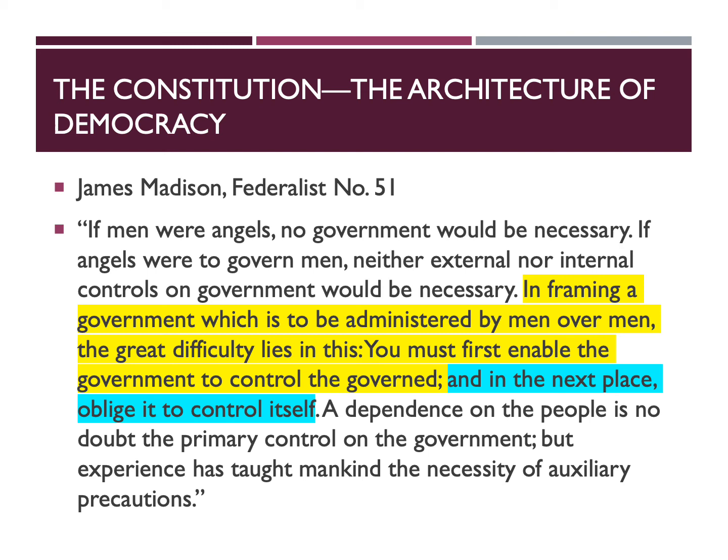And it says, "If men were angels, no government would be necessary. If angels were to govern men, neither external nor internal controls on government would be necessary. In framing a government which is to be administered by men over men, the great difficulty lies in this: you must first enable the government to control the governed, and in the next place, oblige it to control itself."